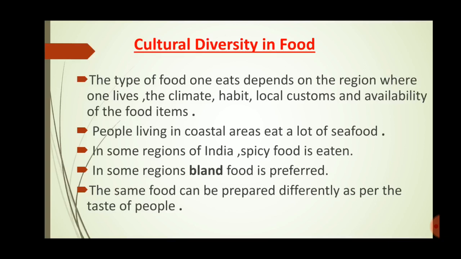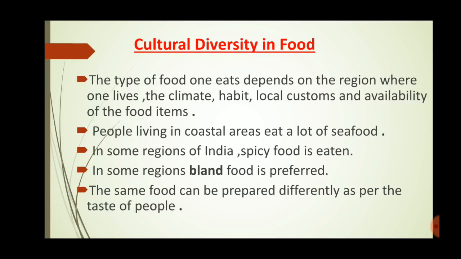Children, as you know, India is a country of diverse culture and diverse religion. Similarly, India is a country of diverse food items. Different types of food items are found in different regions. The type of food consumed is mainly based on the location, climate, crops grown, cultural habits, and traditions.